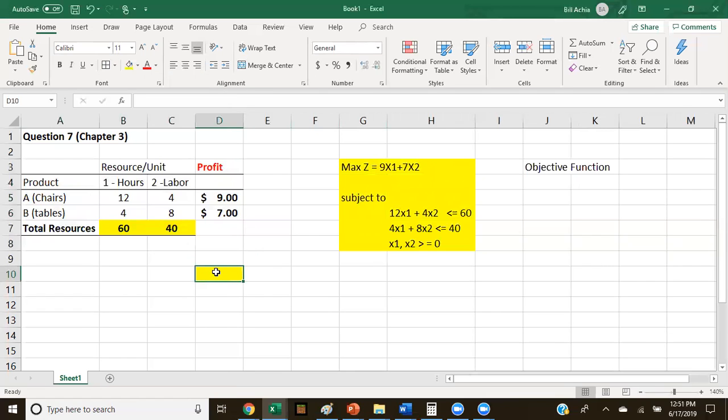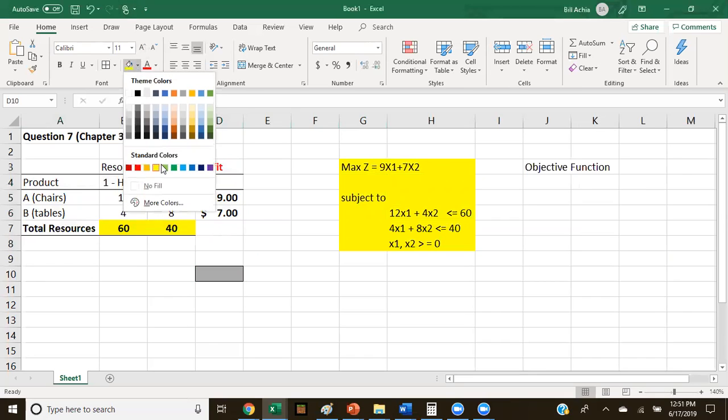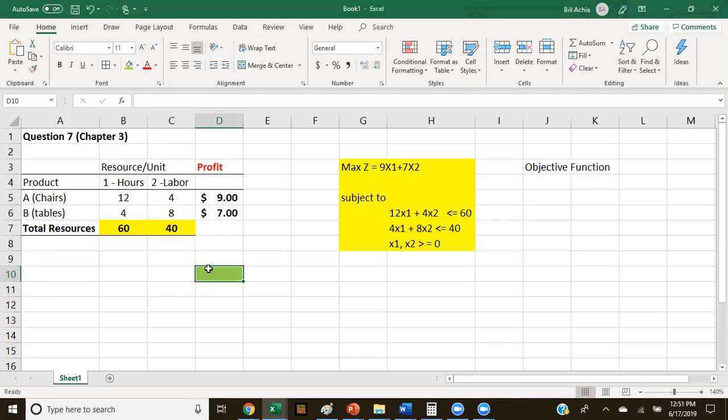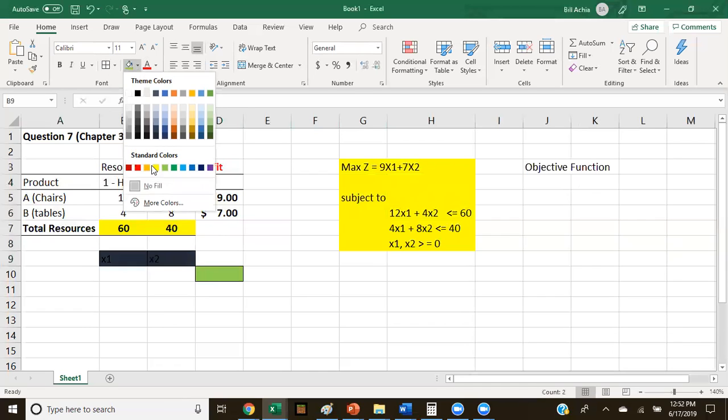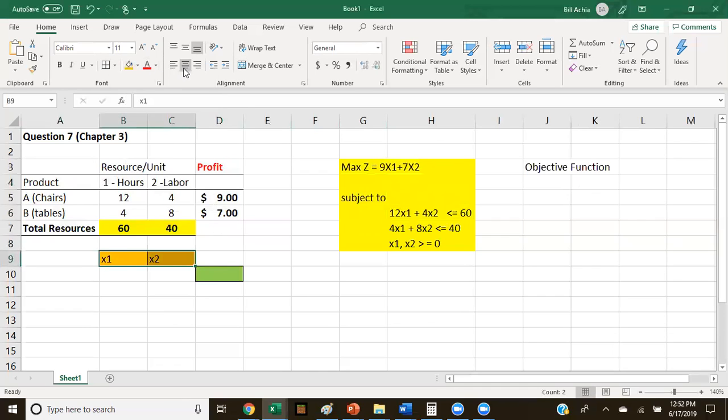In order for me to maximize my profit, I need to have my x1 and x2 somewhere. So let's say this is our x1 and x2. I don't know what these are going to be, but I'm going to have Solver try and figure out how many tables and how many chairs we should make.